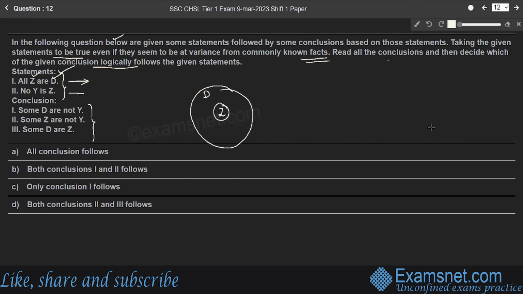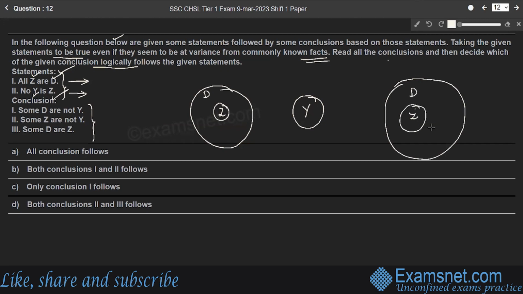And the second one, no Y is Z. Strictly, there is no relation between Y and Z. No Y is Z. Therefore, Y is excluded from set Z, right? So here, Y can be inside set D, right? Based on the condition, this is set D and set Z is here. Strictly, there is no relation between Z and Y according to the second statement.